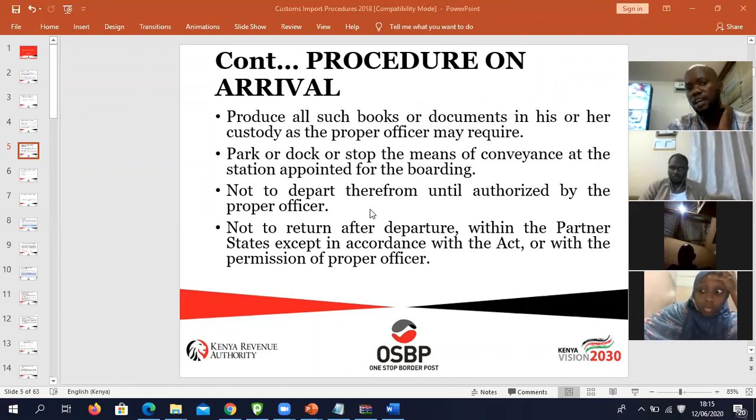Not to depart therefrom until authorized by the proper officer. And lastly, not to return after departure within the partner states except in accordance with the Act or with the permissions of the proper officer.